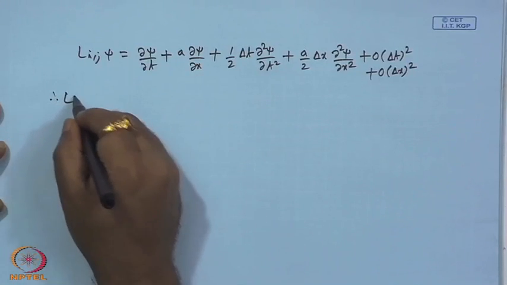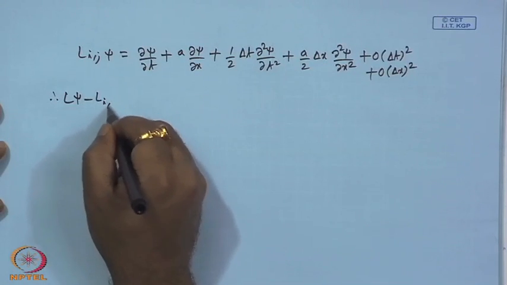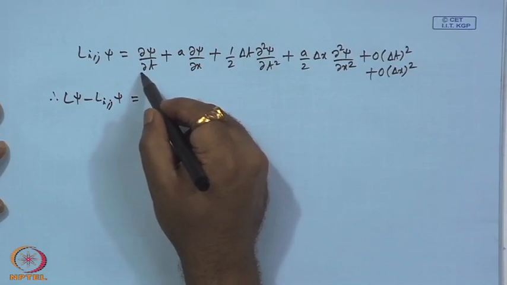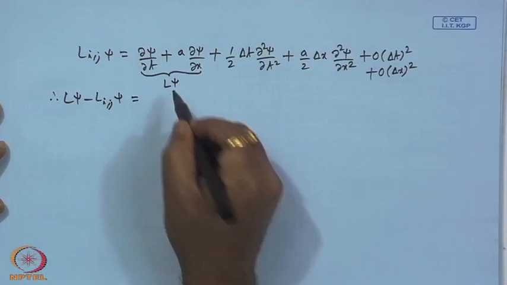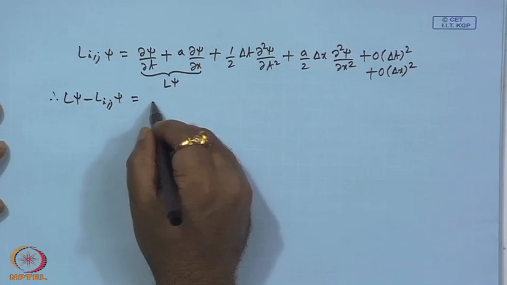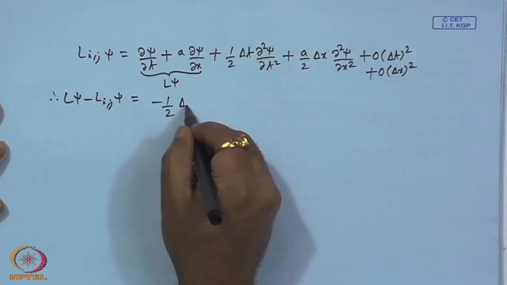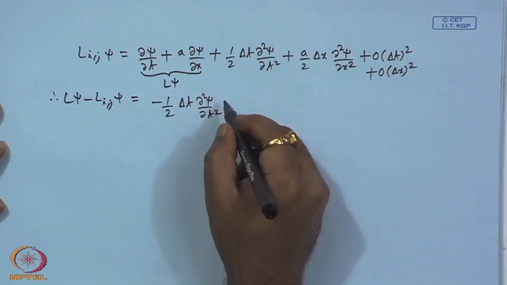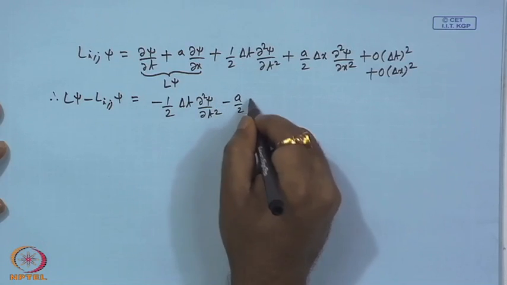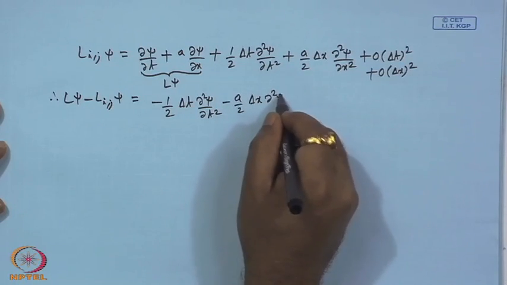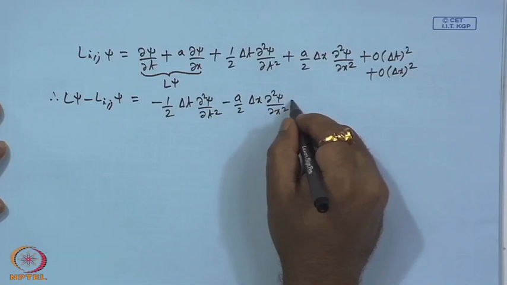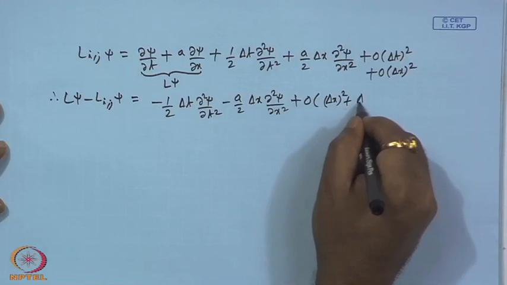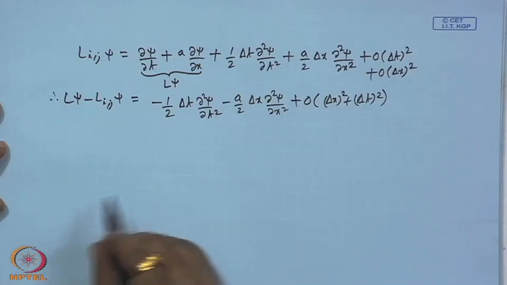So, therefore, L psi minus L I j psi equals to, so this is exactly, so this will be, okay.